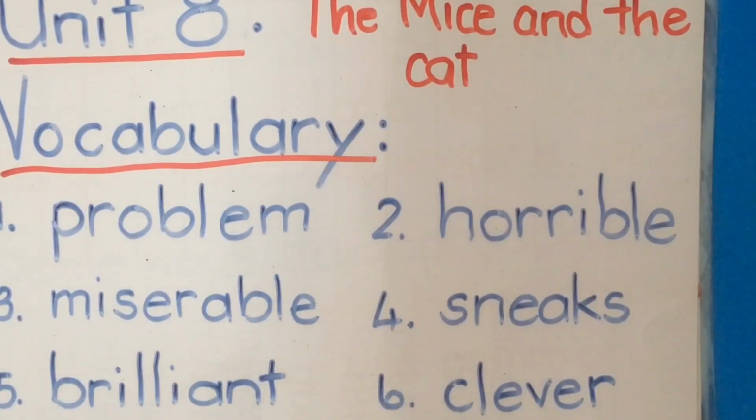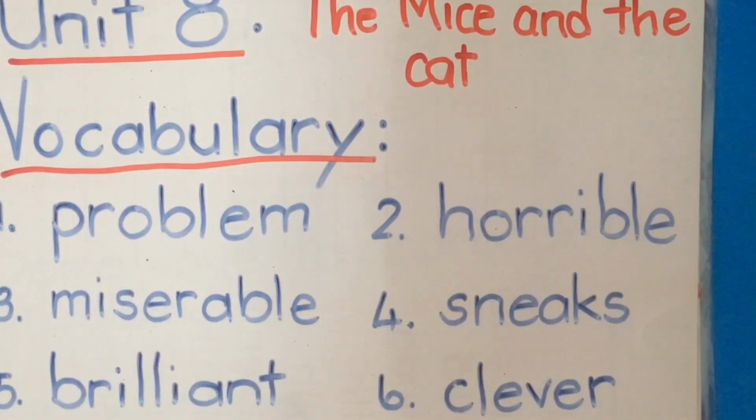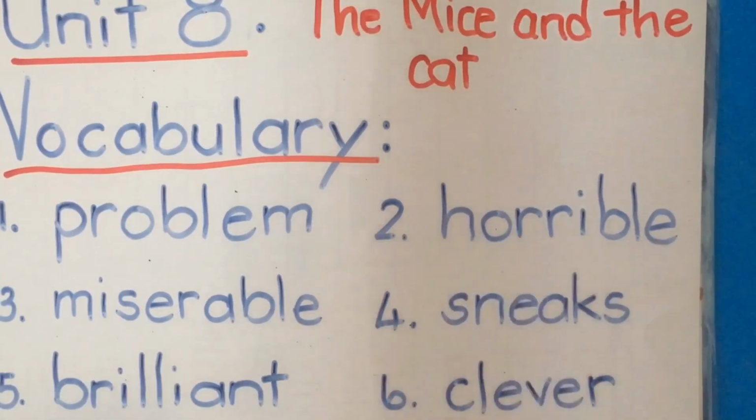All right, so let's look at problem. What is a problem? A problem is something that has to be solved. Example, when it is raining and you don't have an umbrella, so we need to solve that, right? It's a problem. Okay, 2, horrible.